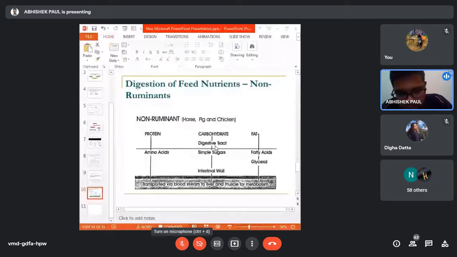The end product of protein is amino acid, like in the ruminant, and the end product of fat is fatty acid. Like the ruminant. But the major difference is the end product of carbohydrate digestion. Please remember, the end product of carbohydrate digestion in ruminants is volatile fatty acid, and in non-ruminants it is glucose.